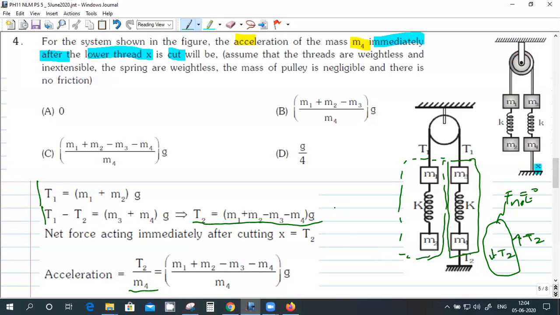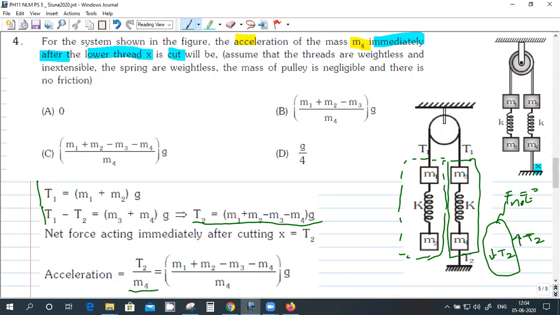I can consider a combination of M1, M2 and the spring K as a single mass if there is no internal motion inside. Before it is cut, there is no internal motion inside, so I can consider the forcing as one mass. The same is true for the other one, M3, M4 and the spring.